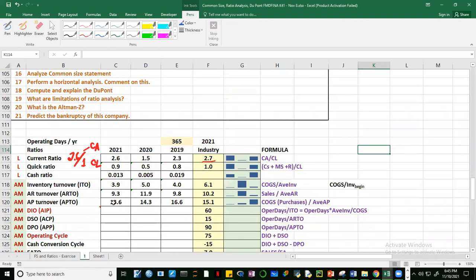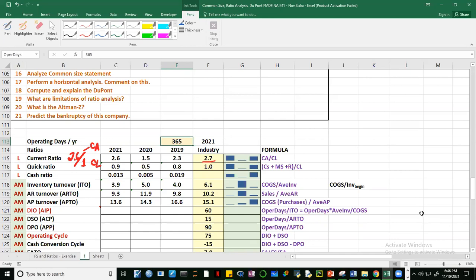So, the formula here is op per days. So ang given sa atin operating days per year is 365. Now, sige, bigyan natin ng pangalan to, guys. Let's give this a name, op per days, no? Operating days. So dito pwede natin isulat here sa name box, isang word lang dapat, op per days.